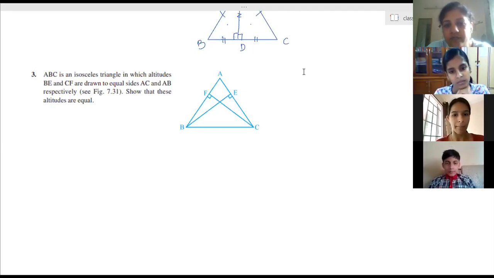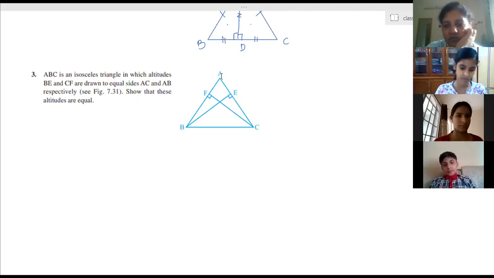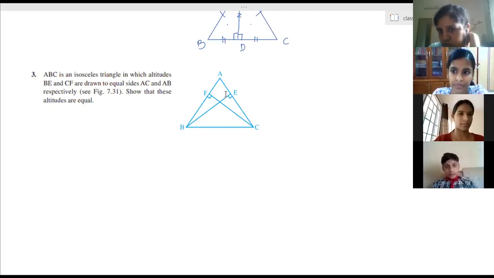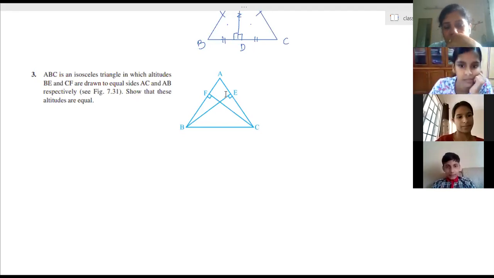Ma'am, triangle AFC and triangle AEB. Those two triangles we have to show congruent. For that, what are the equal things we have? Ma'am, first we have the 90-degree angle. Angle AFC is 90 degrees because it is the altitude. On the other side also, angle AEB is 90 degrees.